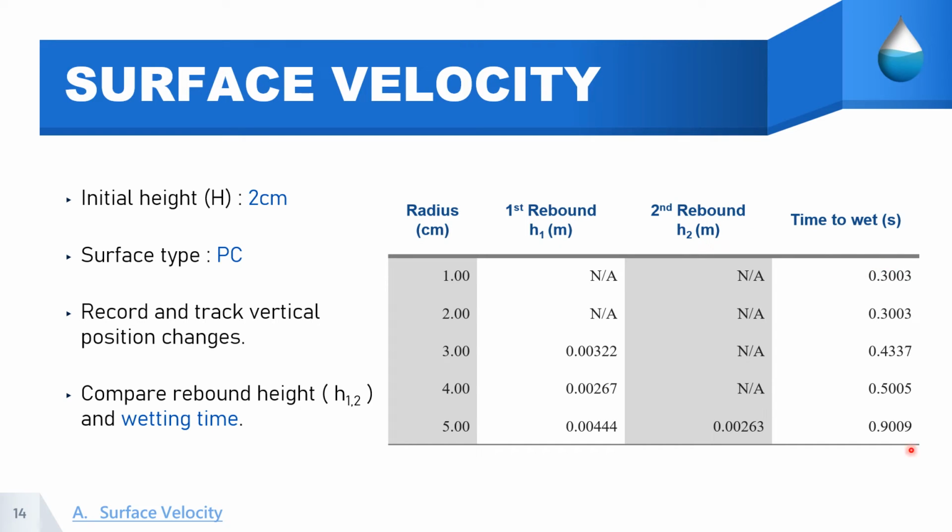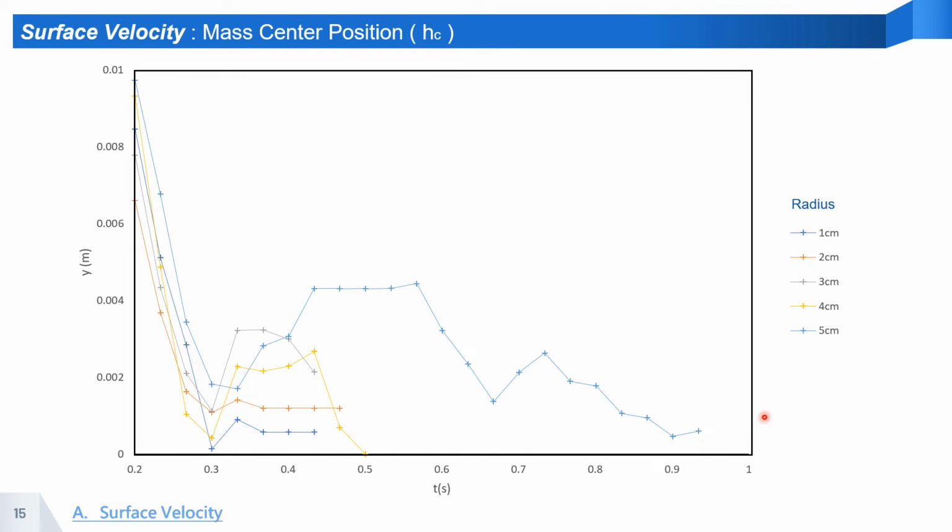And to the right, this is the time to wet. It means the time from the drop contact the surface first time to the time that it disappears. This figure suggests the surface velocity's relationship with mass with the radius, and we track the mass center position of the drop.